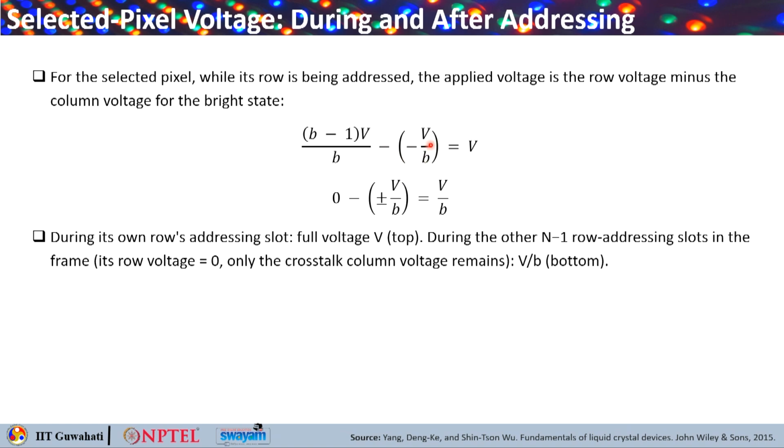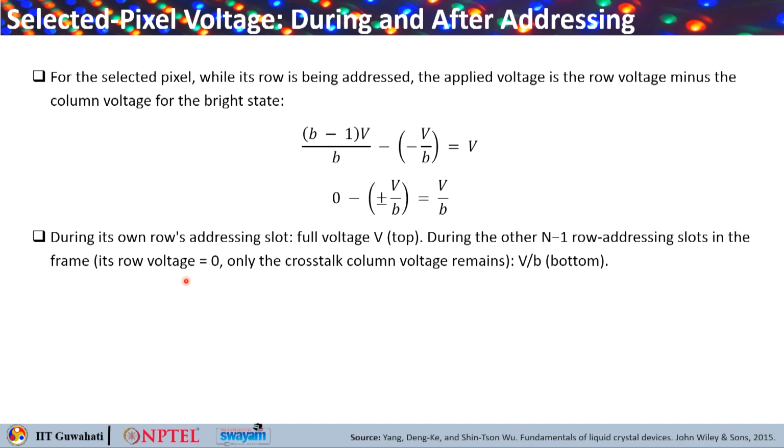So when this adds up, you are getting exactly V. Now this confirms our scheme, that you are correctly delivering the full switching voltage V to the pixel for which the row is getting selected.